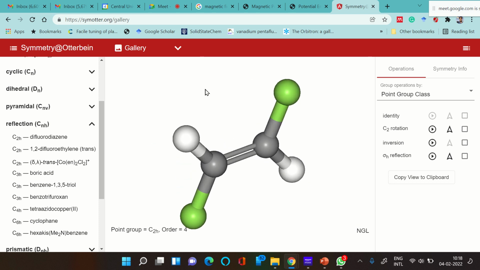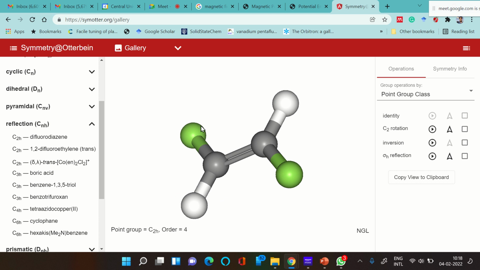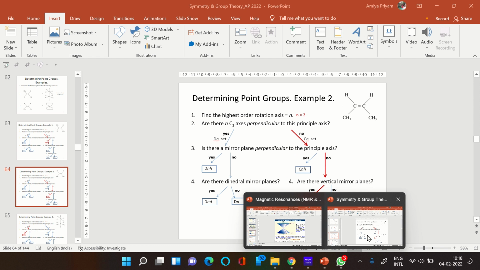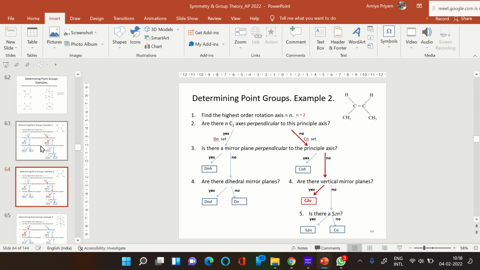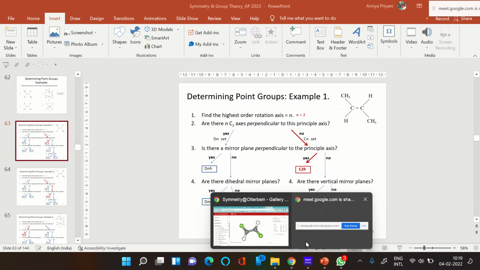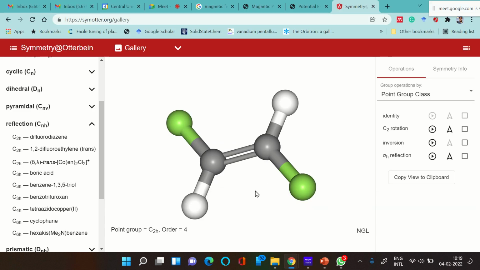Are you able to see? This was the molecule that we first took as an example of C2h. Can you correlate these things now? Just instead of a methyl group, you have fluorine placed over there. So you can see the similarity that we have. So this was the molecule.